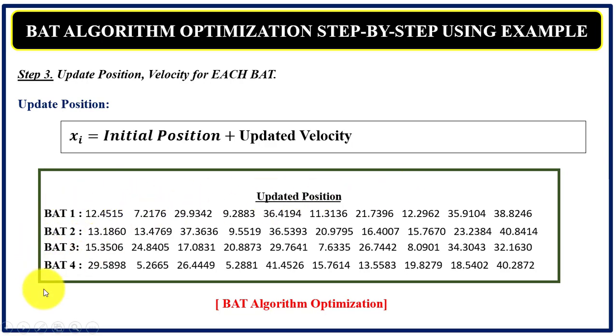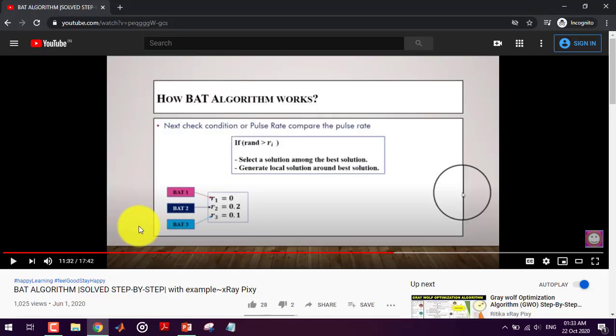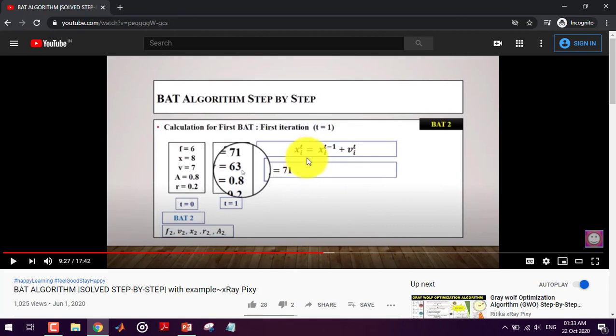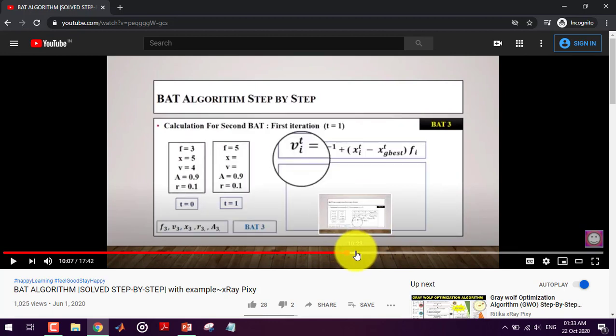For simplicity, I'm using this MATLAB. We have 10 dimensions, so it is more complicated to do one by one. For this I'm using MATLAB. In another video that we did, I computed the values for each bat. As you can see here, you can see how we computed the values for each bat one by one.